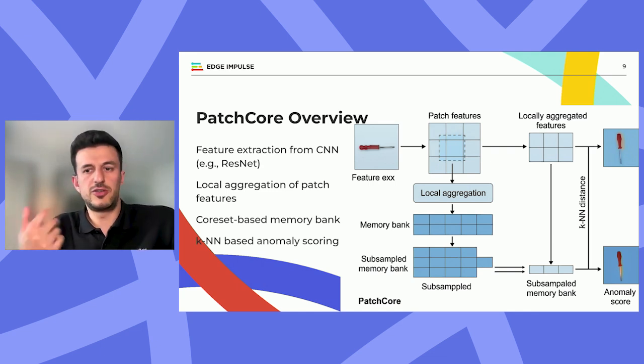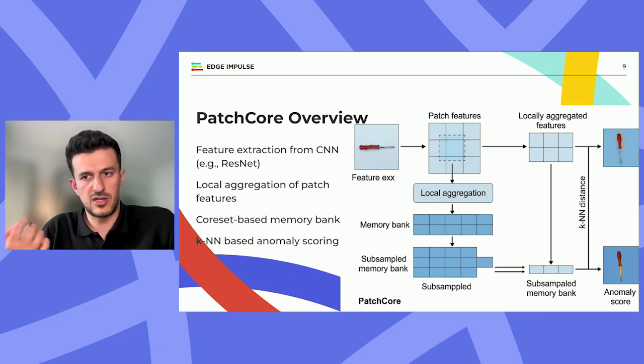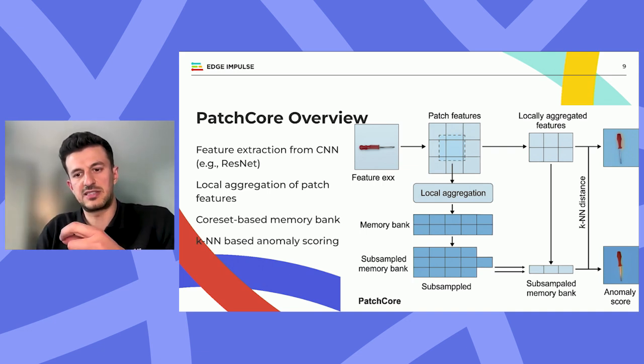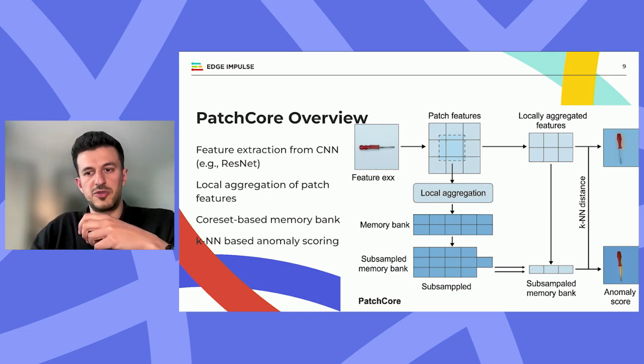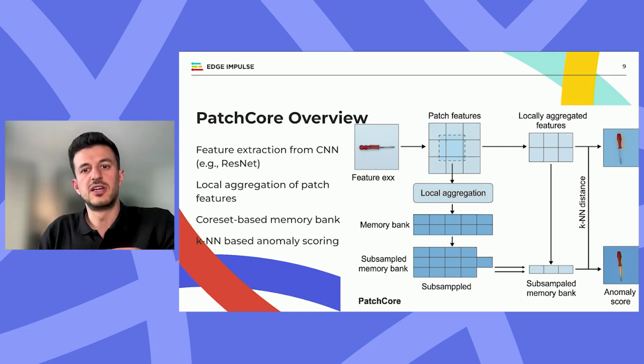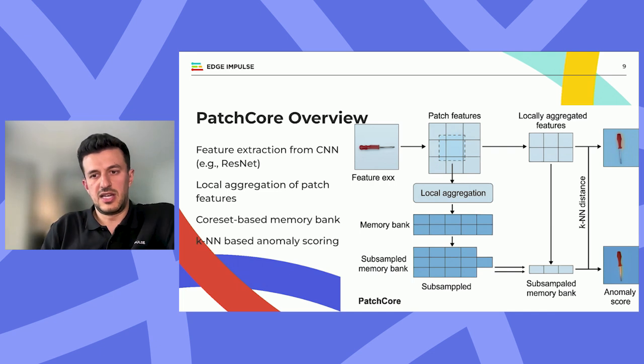And then later on, when you pass in a new image of the data that it hasn't seen before, it will go and compare it with the existing samples of the patches that are stored in the memory bank, and do a k-means nearest distance, and will basically compare and extract all the anomaly scores out. And that's how we decide if the image has an anomaly or not.